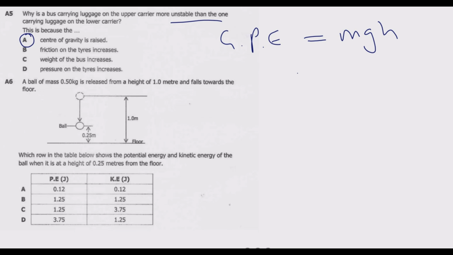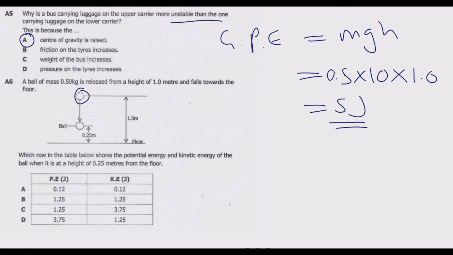So the first thing, let us find potential energy. The mass is 0.5 kg multiplied by gravity, which is 10, then multiplied by height, which is 1 meter. Then we end up with 5 joules. So 5 joules is basically the potential energy at this point.